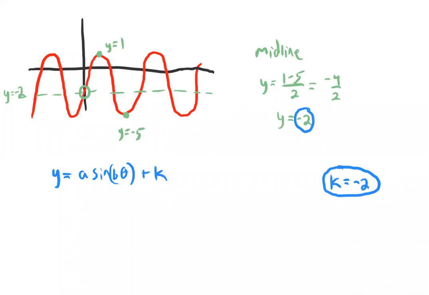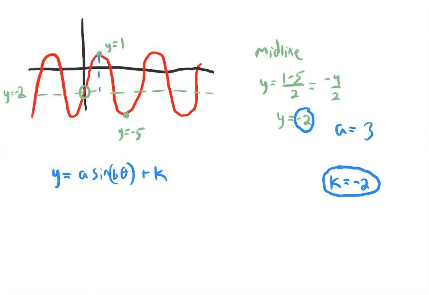So if you want to find a, it's the distance from the midline to the highest point, or the distance from the midline to the lowest point. So if you want to go from -2 to 1, how far do you travel on the number line from -2 to 1? 3. 3, thank you. And it's going to be +3 because it's moving up from the translated origin.